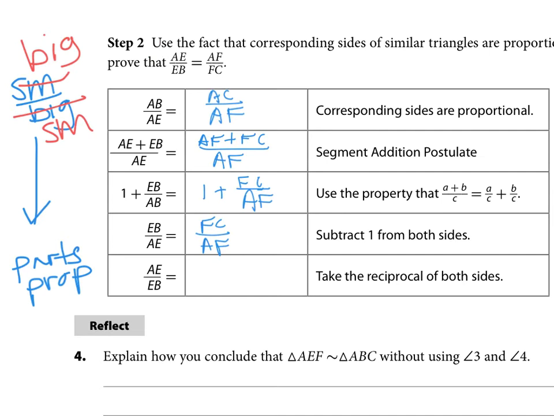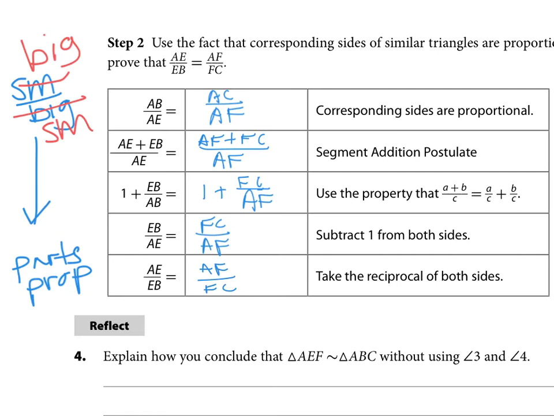So if I take the reciprocal of both sides, then I am where I wanted to be, which was AE over EB equals AF over FC. So again, we moved from knowing that corresponding sides of similar triangles are proportional to not just is that true, but the parts of the sides of the triangle are proportional as well. So that's the first part, proving that proportionality theorem.